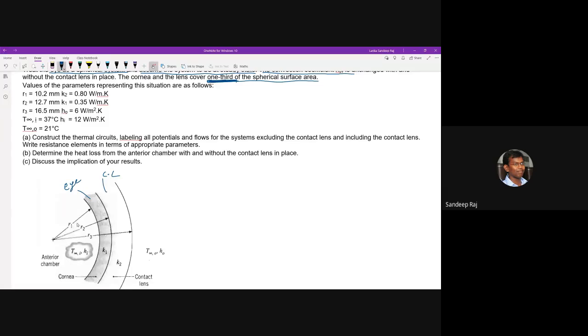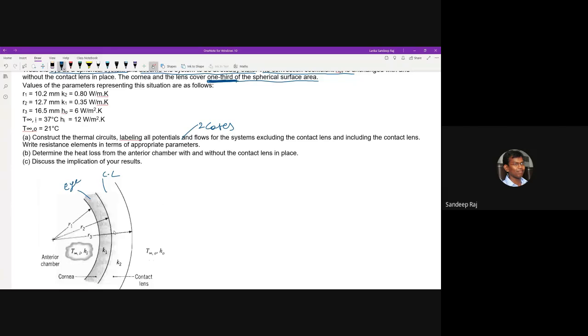The R1, R2, R3 values are given, temperature values are given, and K1, K2, h_i, all the values are given. And he's asking you to construct the thermal circuits, labeling all the potentials and flows for the systems, including and excluding the contact lens. That is for the two cases.